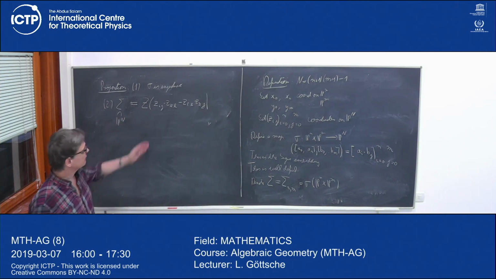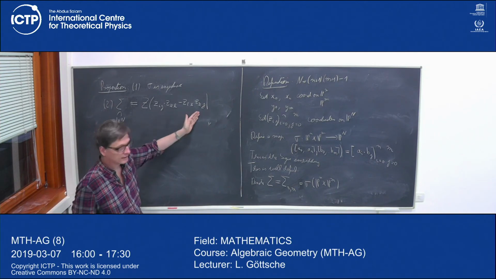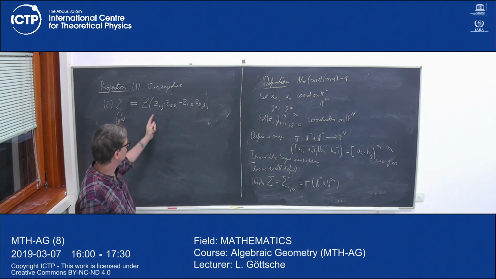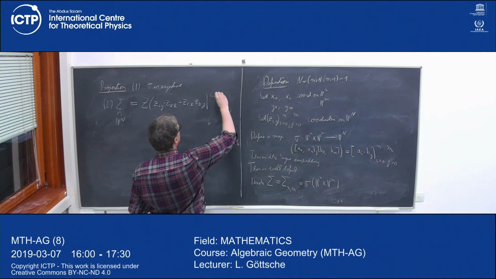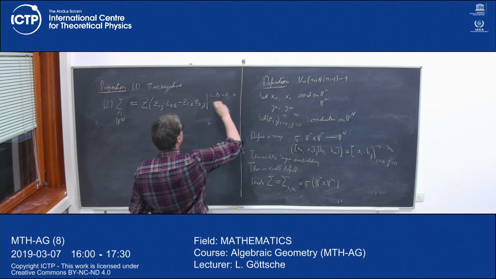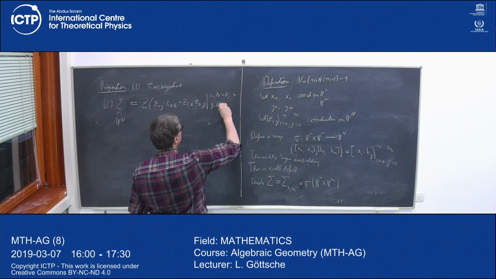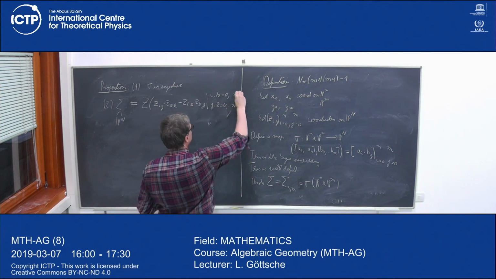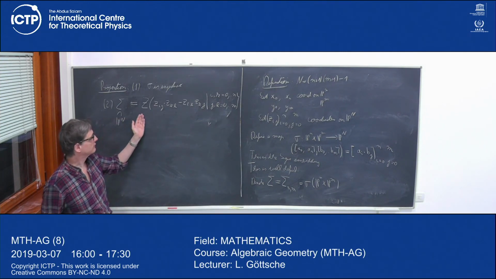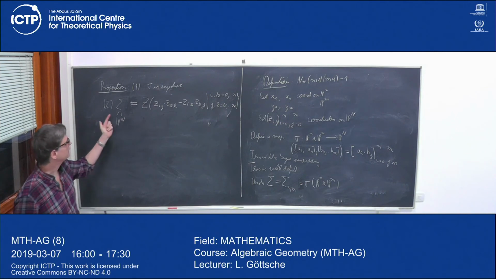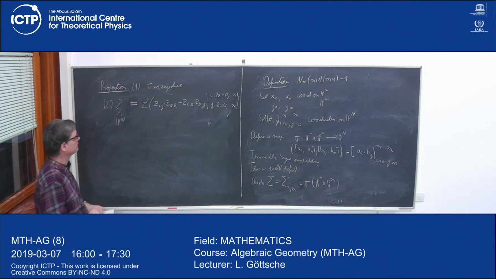These are all coordinates, so I take all these quadratic polynomials for all possibilities: i, k goes from 0 to n, and j, l goes from 0 to m. We look at all possible products like this, and the common zero set of that we claim is sigma. So in particular, it's a closed subset.